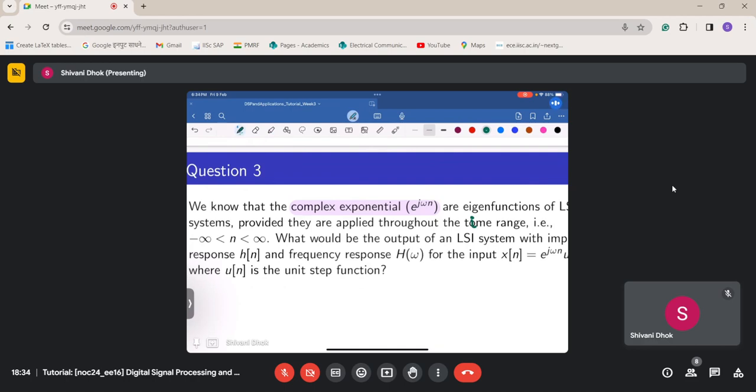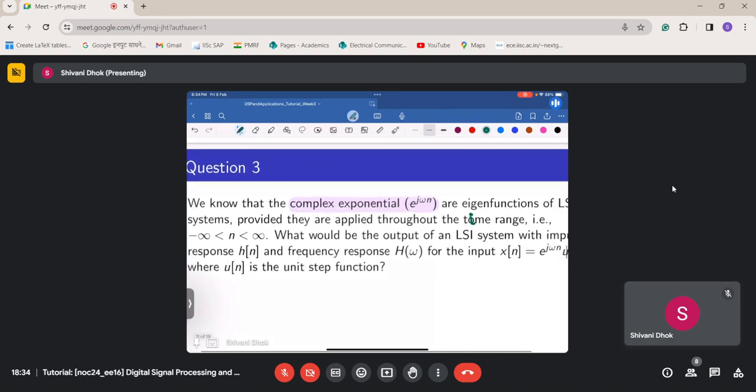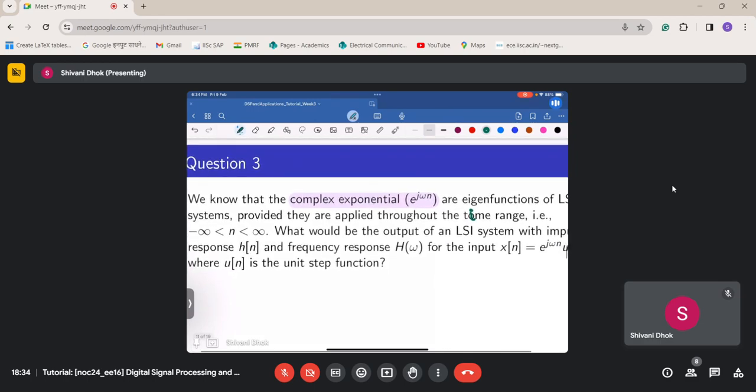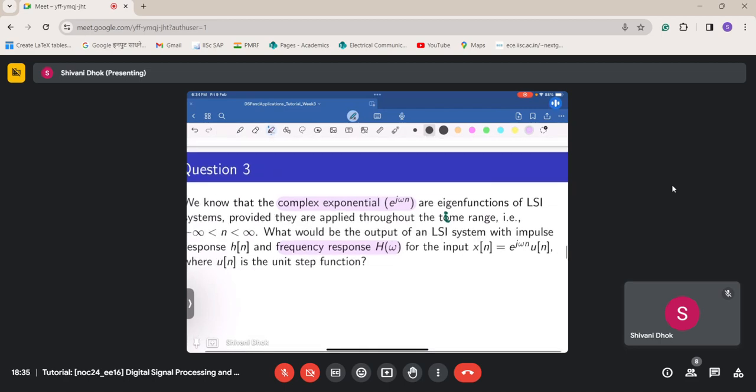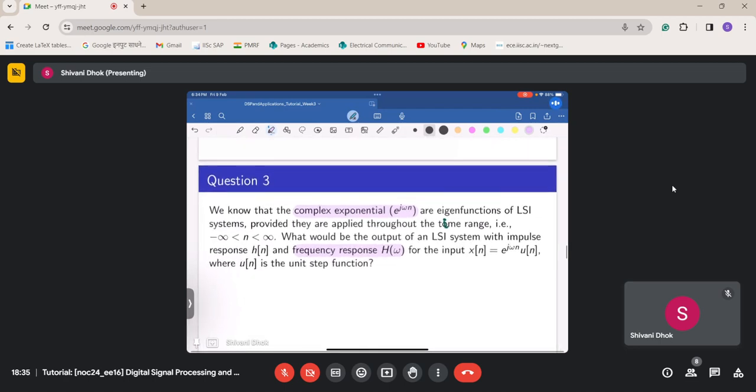What would be the output of an LSI system with impulse response h of n and frequency response H of omega for the input x of n equal to e power j omega n u of n, where u of n is the unit step function? Okay, so this is the question.